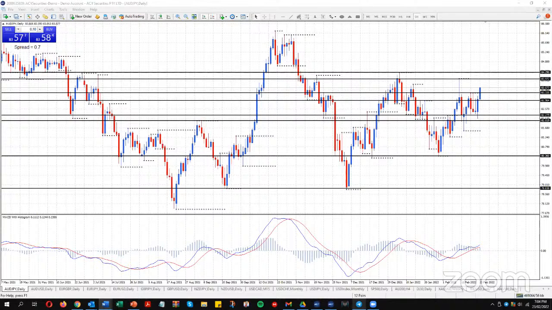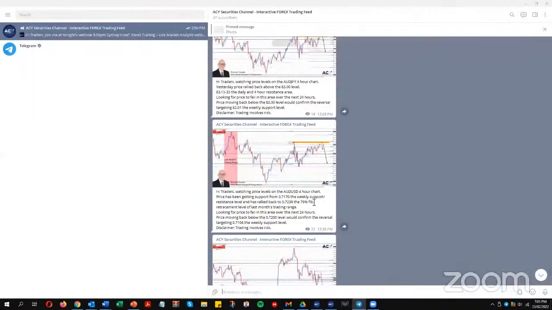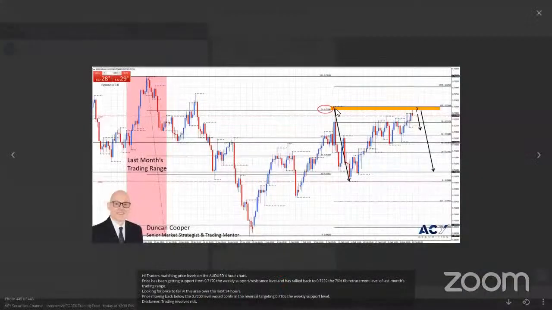And just to show you the Telegram service before we get into the charts, here it is. There's a post here that I posted earlier in the day about the Aussie dollar. I was talking about a resistance level that I'll talk about tonight, at the 79% retracement level here at 72.39 of last month's range. I was looking at whether price is going to fail in this area over the next 24 hours.